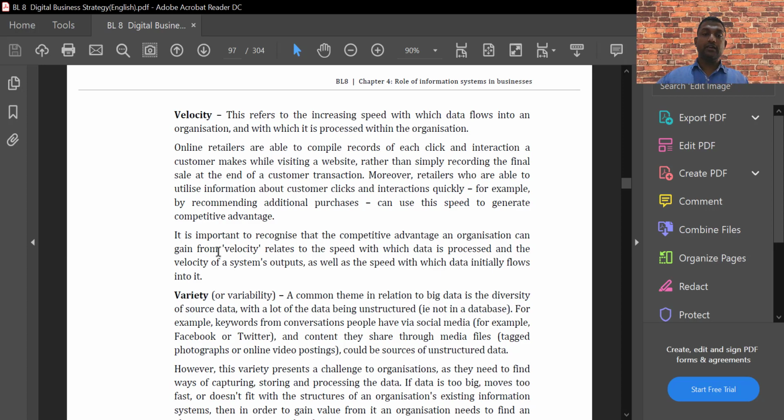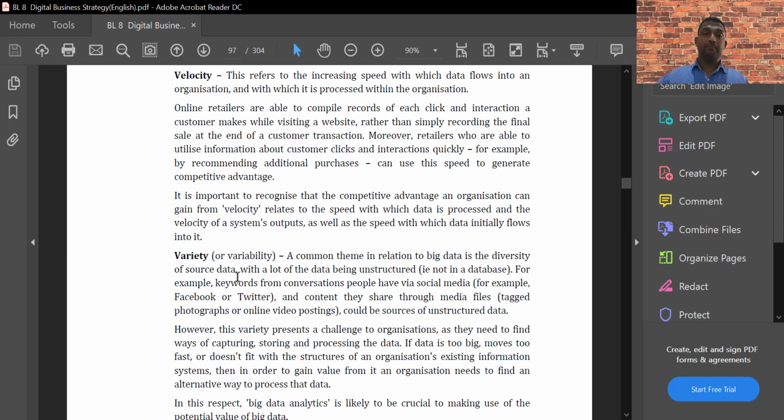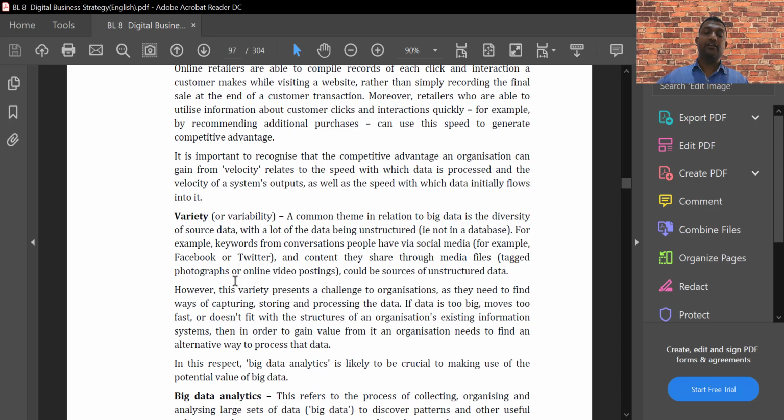And then variety, because when we look at the constitution of big data, it includes different types of data, different themes of data, or data belonging to different aspects, and data can be coming from more than one source.